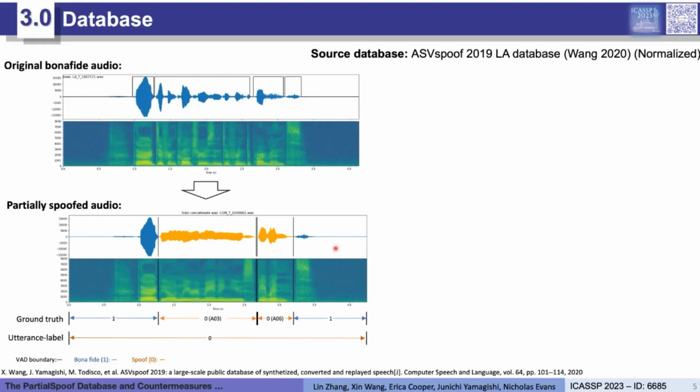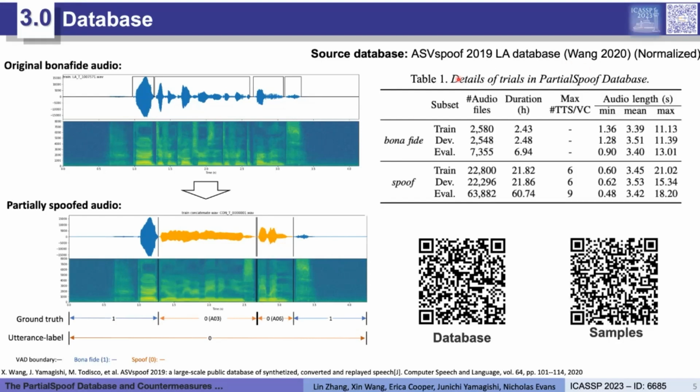This database is based on the ASVspoof 2019 LA database. On the right is the information for our database, and you can see it can include several different TTS or voice conversion methods in one utterance. You can scan those codes for more information.